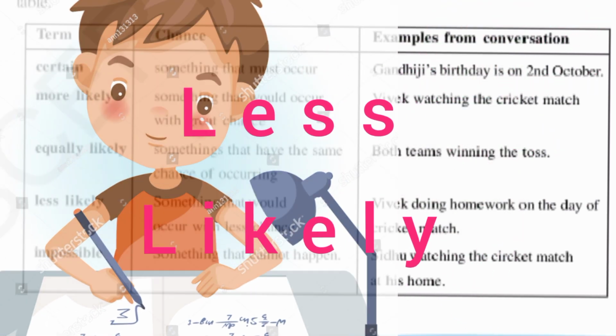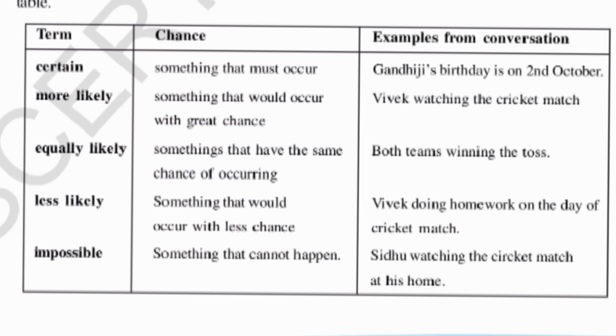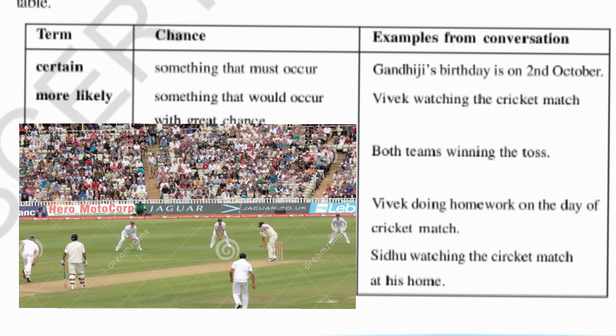In the last example, Sidhu watching the cricket match at his home. Since a cricket match cannot be played at home, that is, we play cricket or any outdoor game in an open area or in a playground, this event cannot take place at home. So this type of event does not take place.